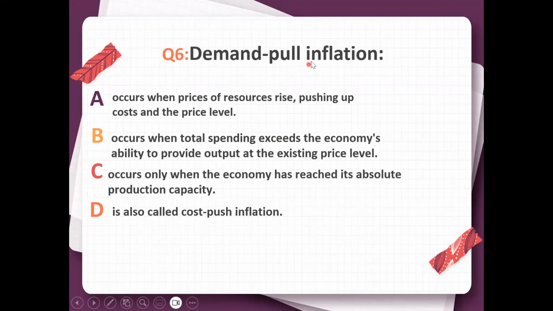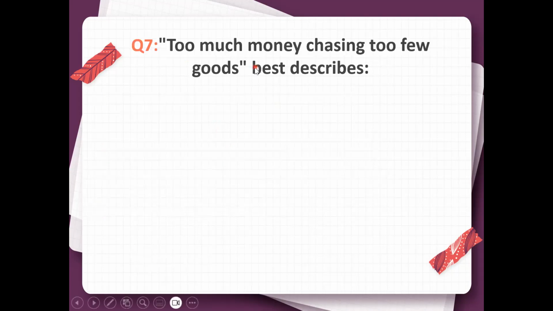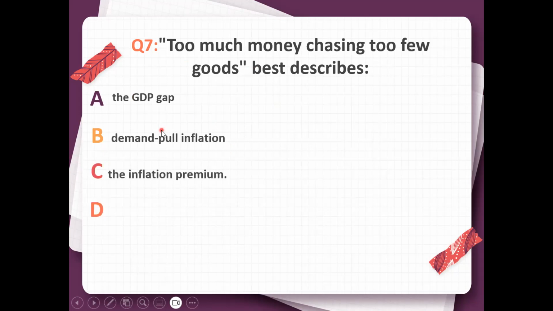Demand pull inflation depends on the demand side of the equation. So the right answer here is B, too much money chasing too few goods, and this is a statement for demand pull inflation.